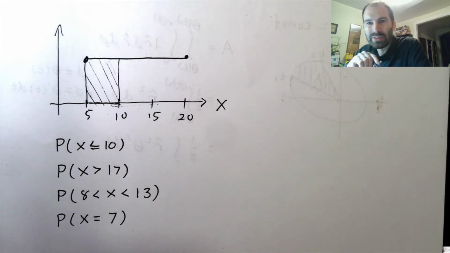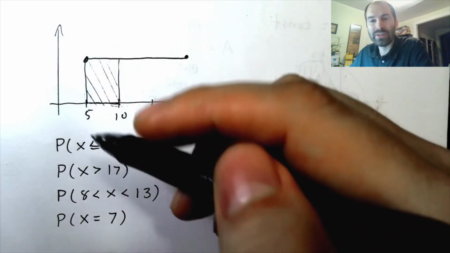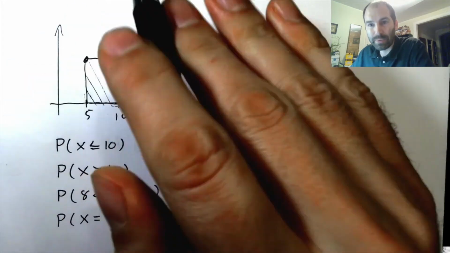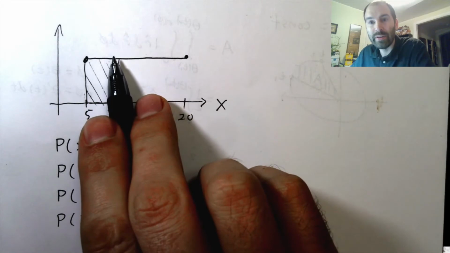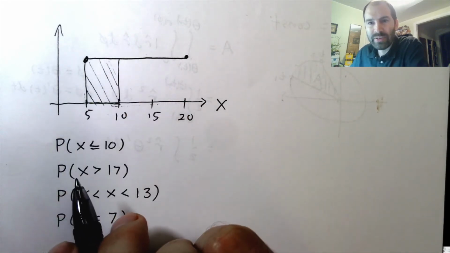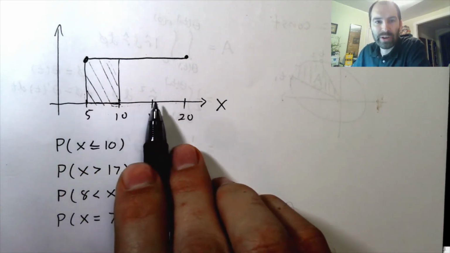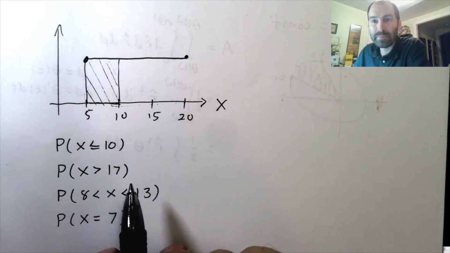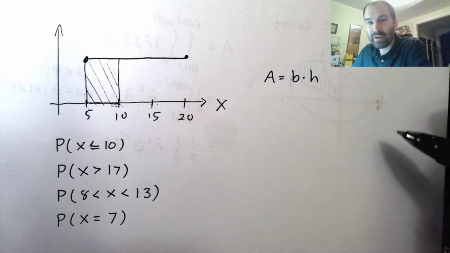We can solve this because we know one important fact about continuous random variables. The total area under the distribution function is equal to 1. That's a property of probability distribution functions. So maybe we can use that to find the height. What's the width of this whole thing, going from here to here? The width is 15. The total area is base times height, the area of the rectangle.